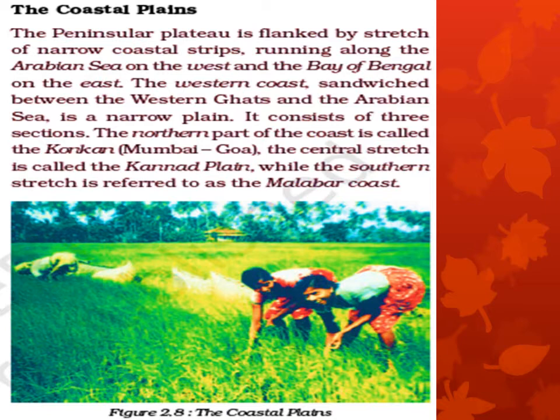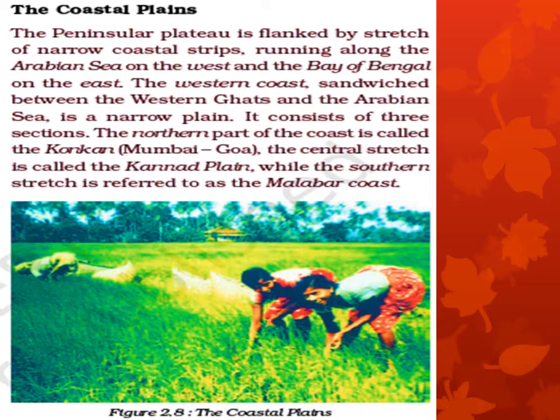Next we have the coastal plains. The peninsular plateau is flanked by a stretch of narrow coastal strips which runs along the Arabian Sea on the west and Bay of Bengal on the east.